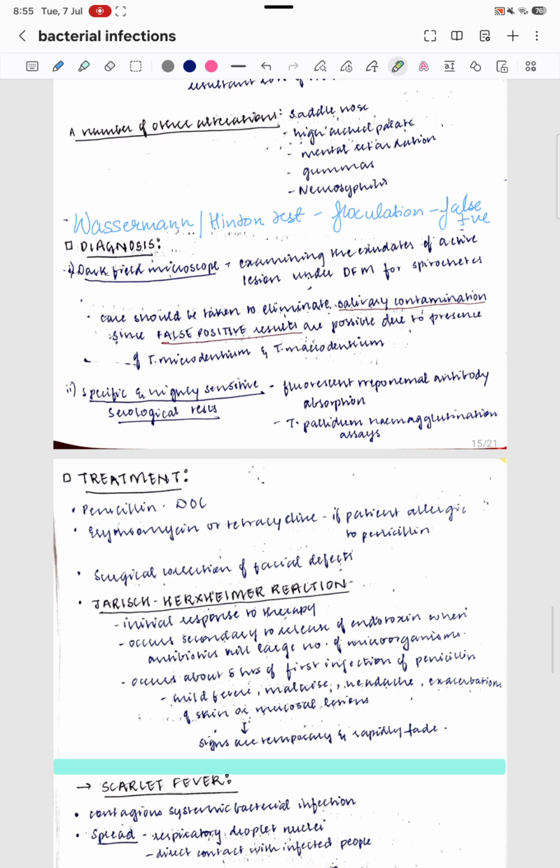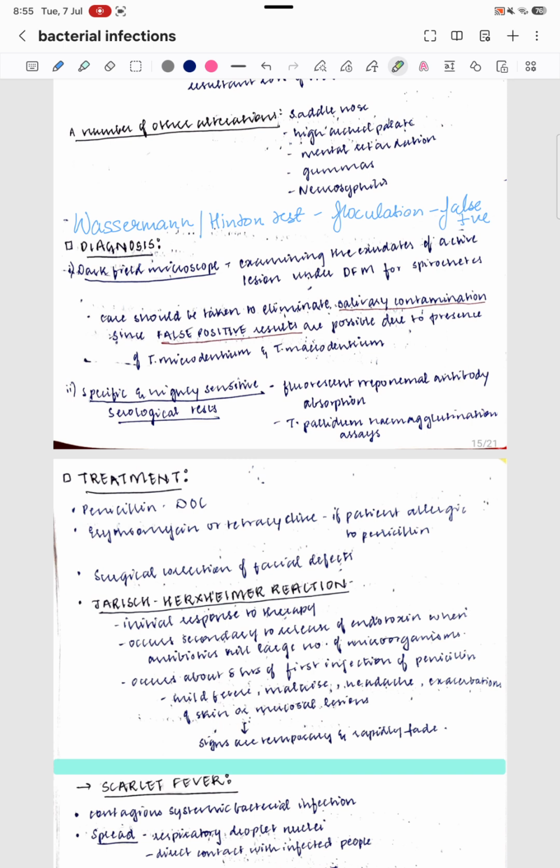Now the diagnosis. Diagnosis is by dark field microscopy examining the exudates of an active lesion. Care should be taken to eliminate salivary contamination, otherwise it gives a false positive result in dark field microscopy.